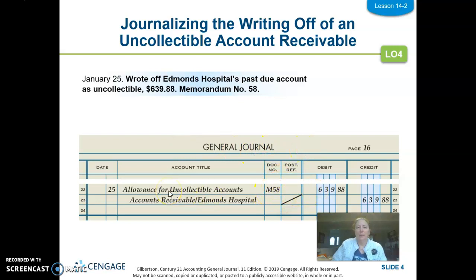We debit the allowance to reduce it because we're utilizing some of what we set aside or estimated, and we're crediting accounts receivable Edmonds Hospital. We put that there again because when we post, we'll need to post to the general ledger and the subsidiary ledger.